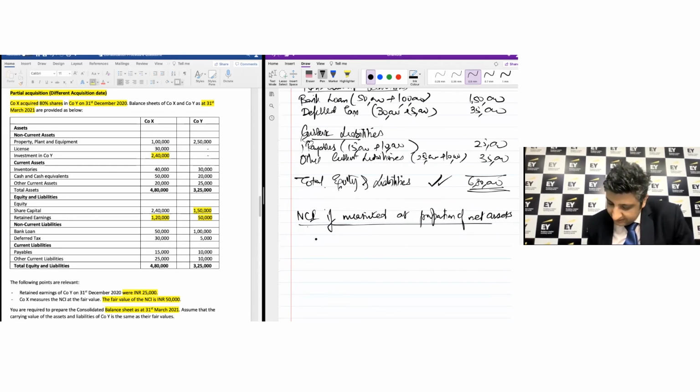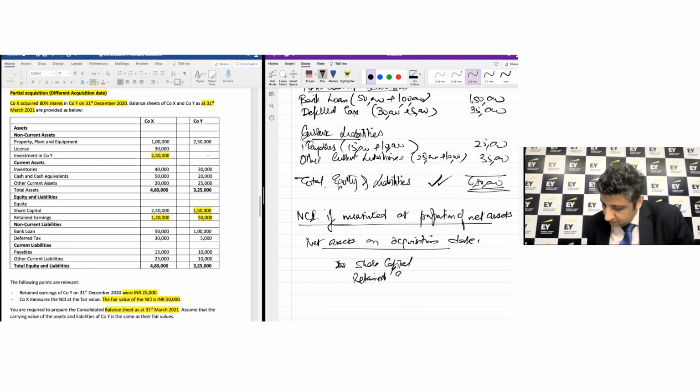So we are simply saying my net assets on the date of acquisition, right? We had this information where we had the share capital, right? And of course, the retained earnings, right?